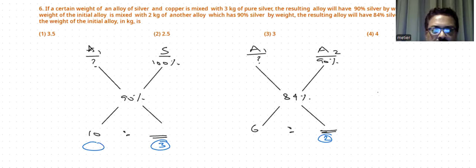But one very beautiful thing we are having here, that in the second case also, the quantity of alloy 1 remains same. So if it is W, it will be W again. And in the question, we have to find out the value of W. The problem is we have two unknowns. One unknown is here, the percentage, and another unknown, the W, and W is required.